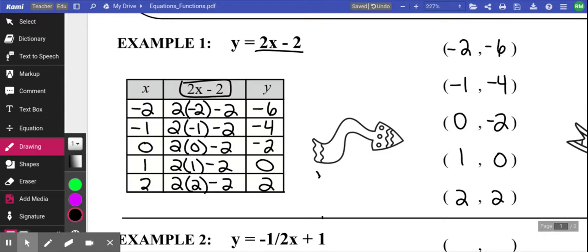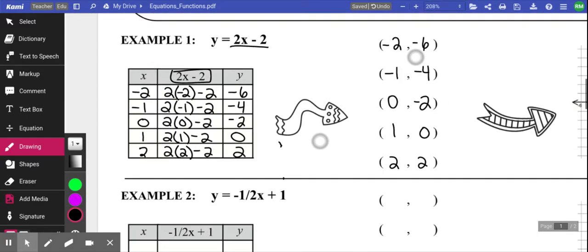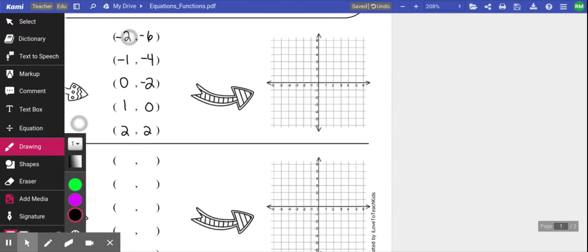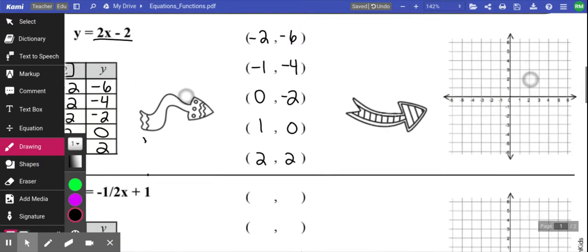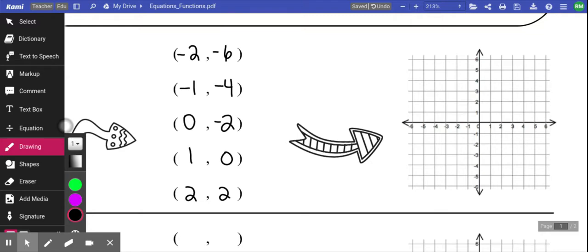Once you have all those, it's time to plot our points. Okay. So I'm going to go to -2, and remember I got to do the x-axis first because this is my x, this is my y. So I go to -2 on my x and -6 on my y and plot a point.